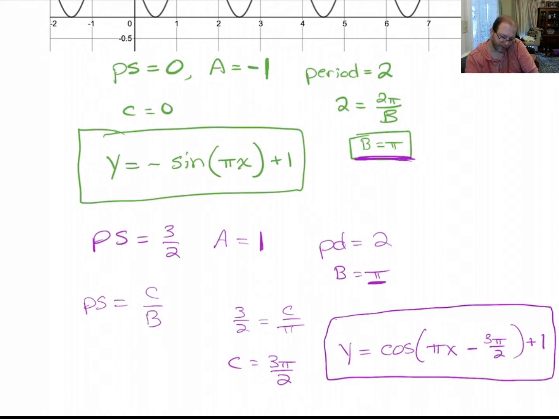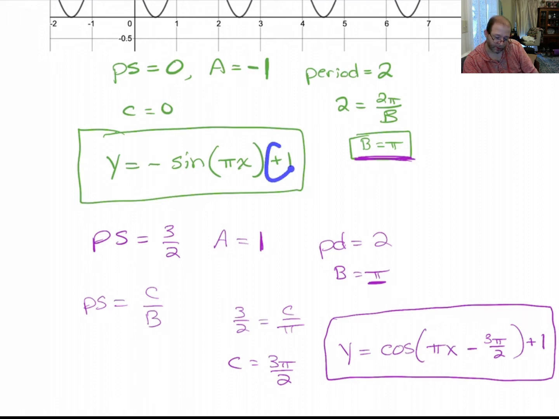Notice something about this. These two equations give us the same graph. So there are a couple of things that have to be the same. They have to have the same value of b because b completely determines the period. And they both have the same amplitude of 1. So A has to be the same number, although the sign can be different.